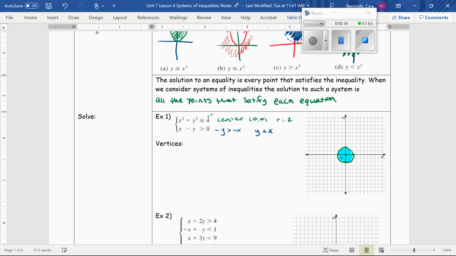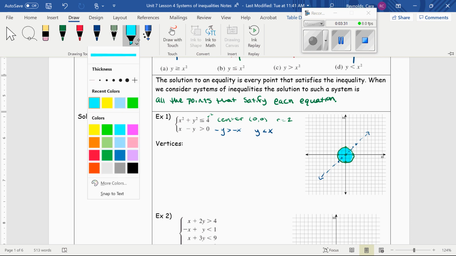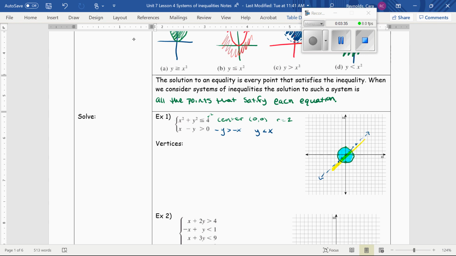So my slope is 1, and my y-intercept is 0. This will be a dashed line, and we're going to shade below the line. And so here we shade this area here.